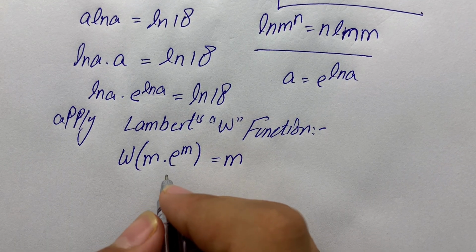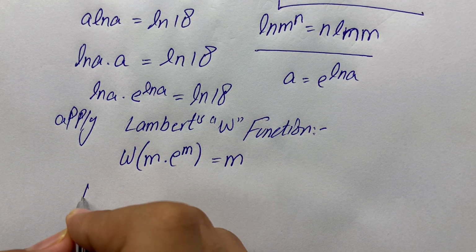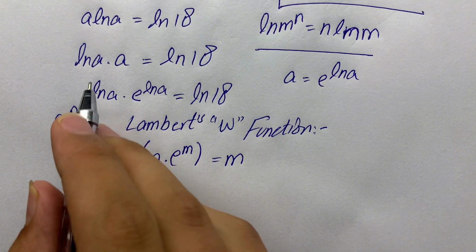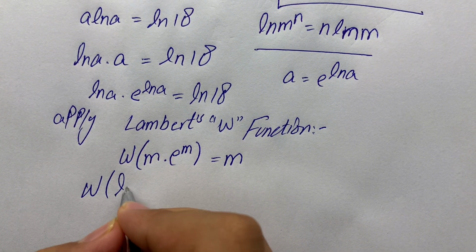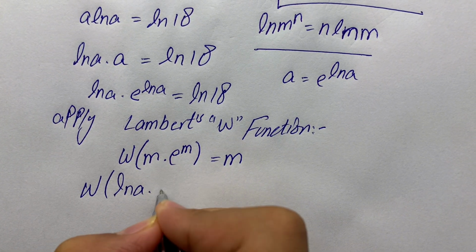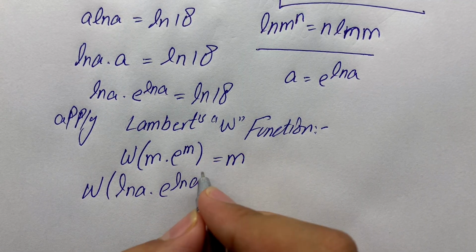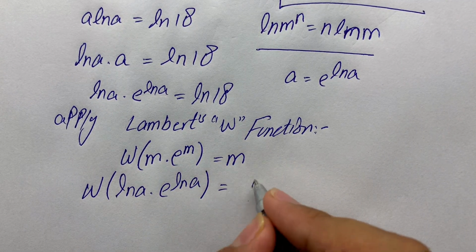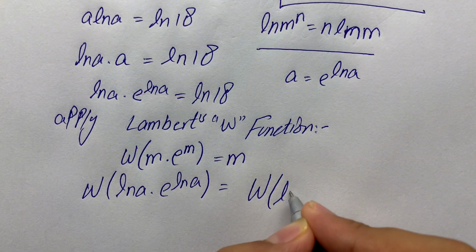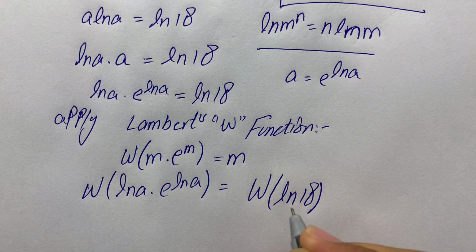Now W of ln a times e to the power ln a is equal to W of ln 18.